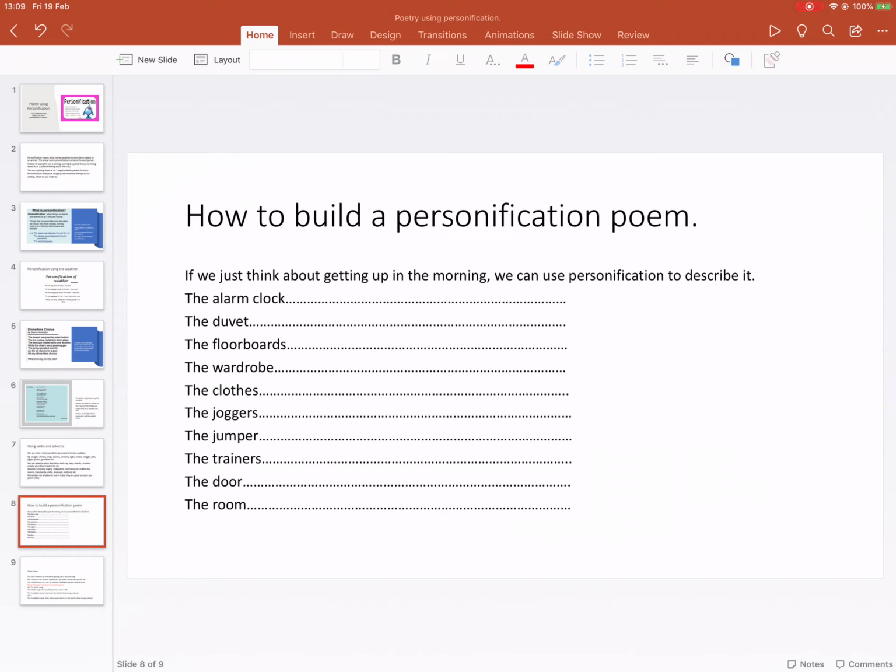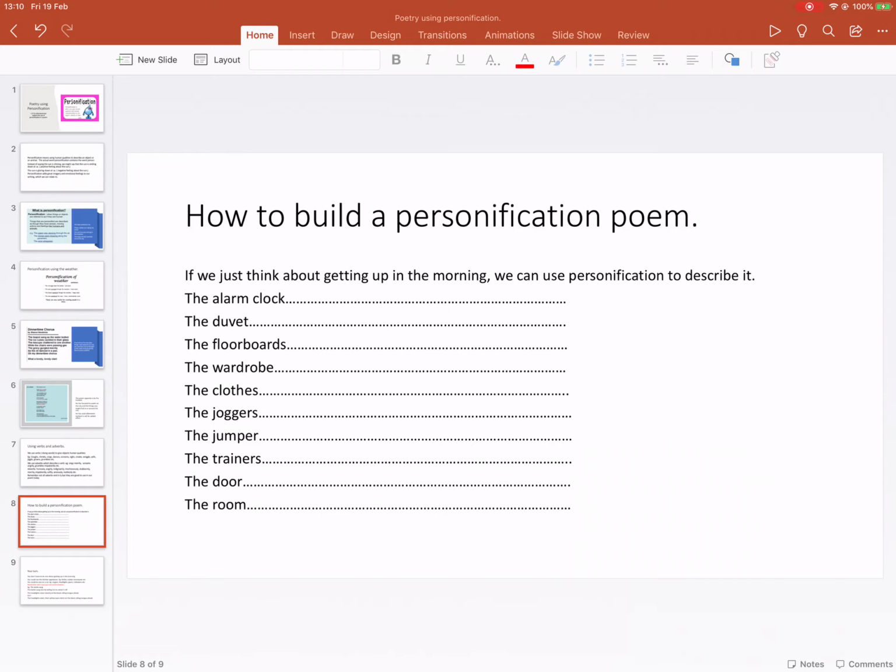It wants to switch off. It wants to go back to sleep, kind of thing. And the duvet was nice and comfy. Doesn't want to be pushed. Sighs impatiently. And the floorboards when you get up, and you're waking them up as well. You've just got to imagine that they are alive and they are feeling, they're angry at being disturbed in the morning. They don't, apart from the clothes, are obviously happy, choose me kind of thing.